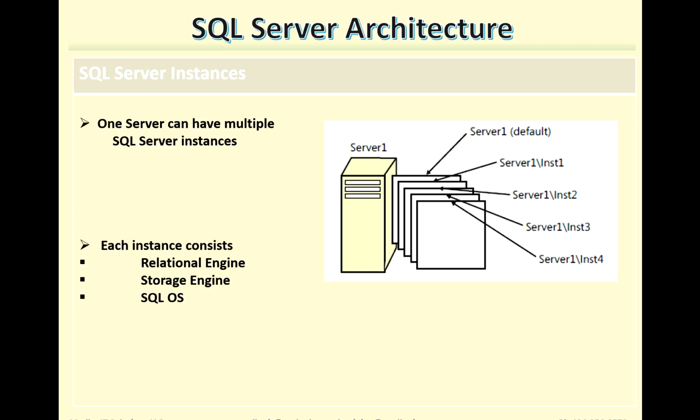So those three, relational engine, storage engine, and SQL OS, work together when we are issuing commands against SQL Server. One is responsible for understanding our commands, the other is responsible for storing and retrieving the data depending on the commands, and SQL OS is responsible for talking to the operating system and allocating the required resources.